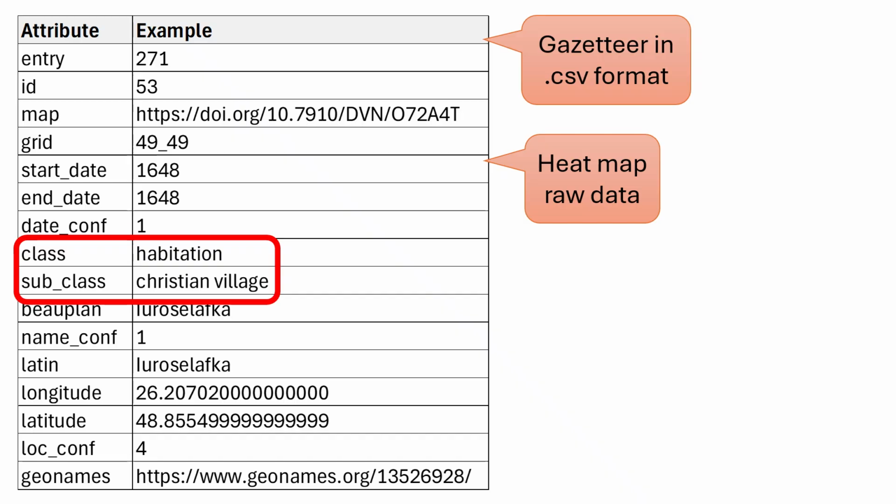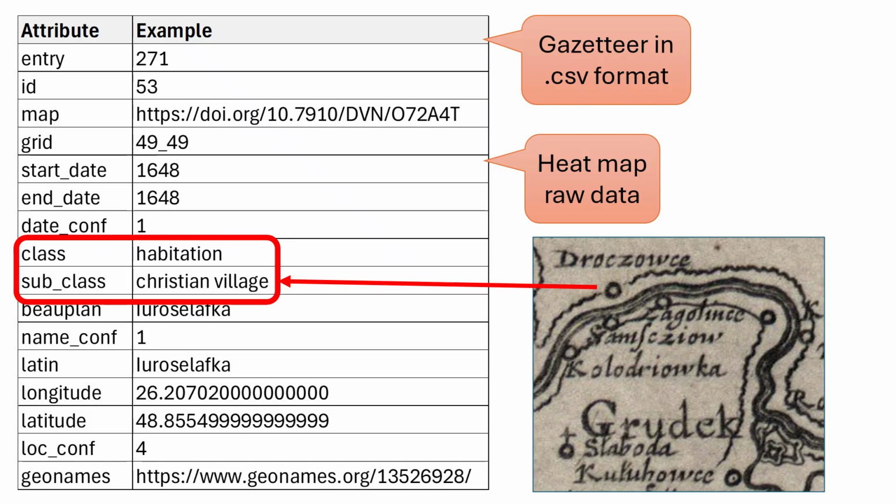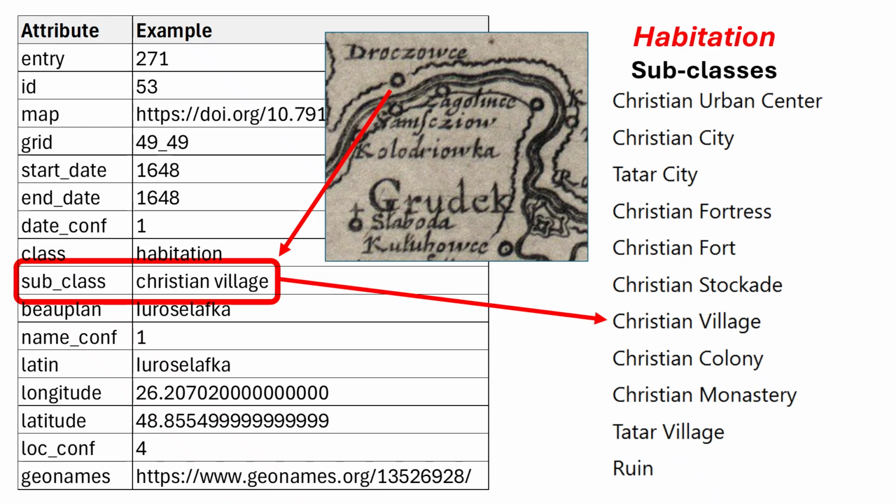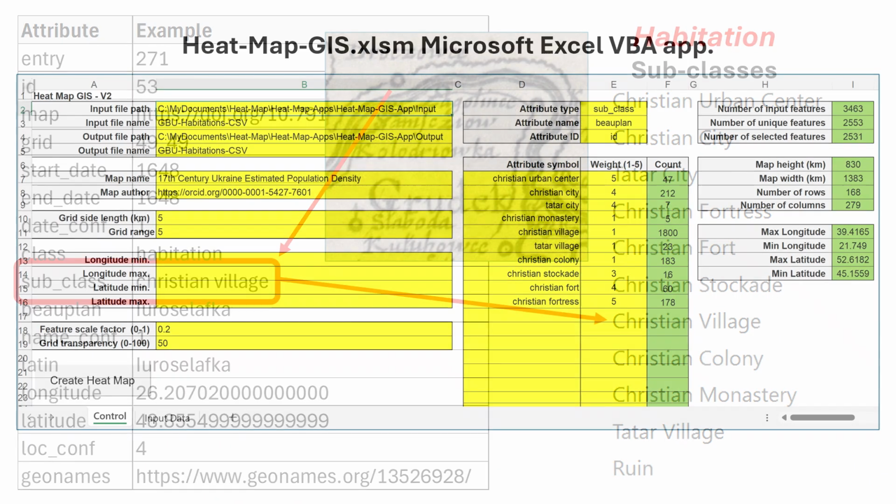Note in particular the class and subclass attributes, the value of which is derived from Beauplan's maps, and specifically the habitation subclass value. We have identified 11 types of habitation features shown on Beauplan's maps, with one example being Christian villages.